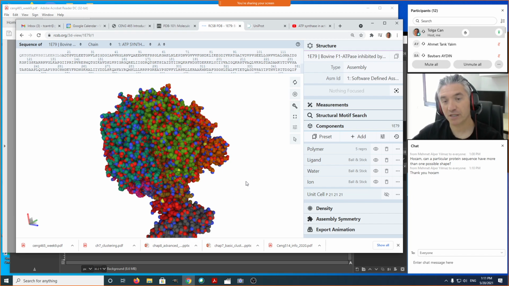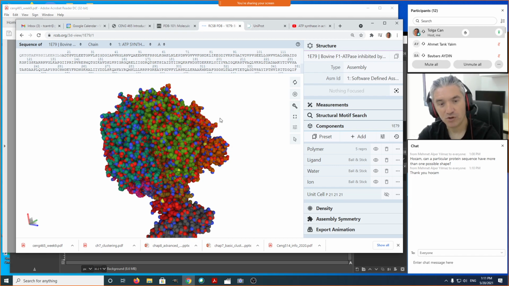For example, when a compound binds to this, it may change. It may be like this, and after something binds to one place here, it may have a different shape like this. There may be small angular changes, so it's really dynamic.